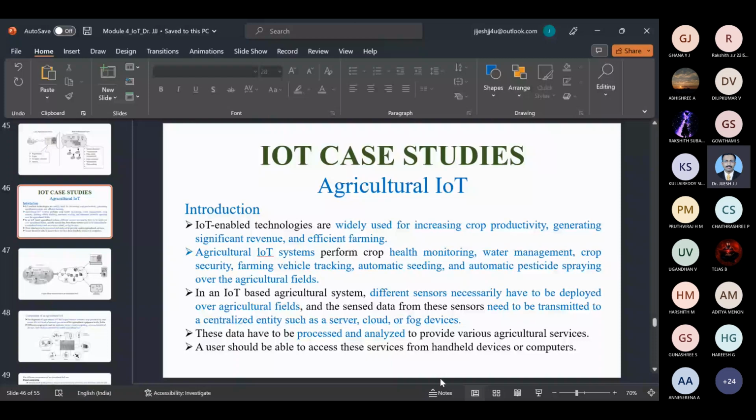So it is very important for us to make sure that we increase the productivity with the minimum resources available. So that is what the basic things are going on as of now. And considering this into priority, IoT plays a major role in improvising this process.